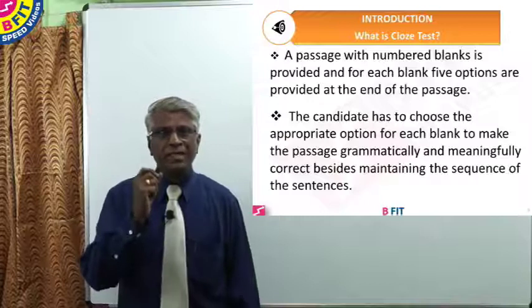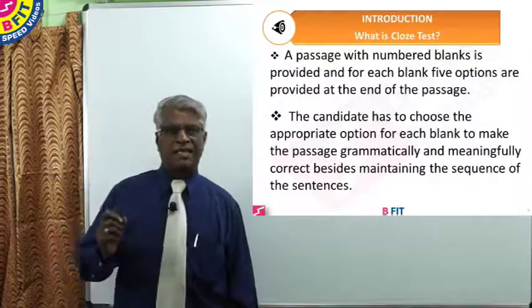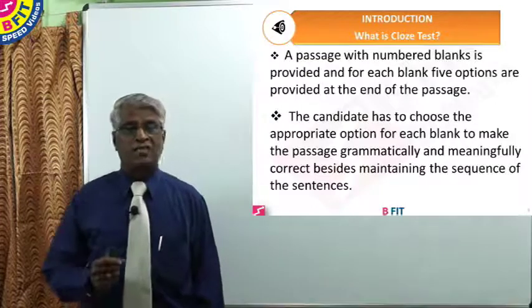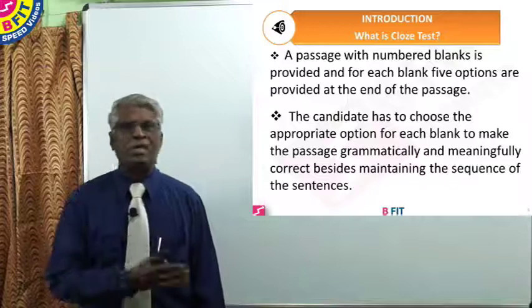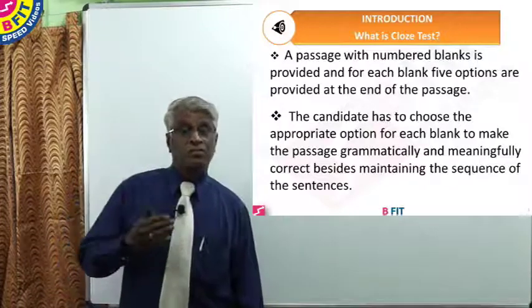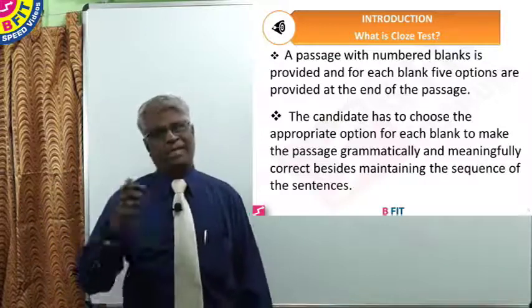You will be given a passage. The passage will contain 10 blanks. Some of these blanks may be verbs, some may be prepositions, some may be articles, some may involve verbs in the given form, a particular form depending upon the context.